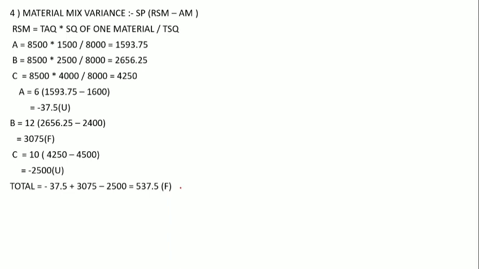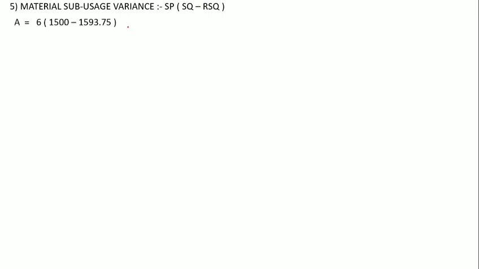Now number 5 is material sub-usage variance. The formula is SP in bracket SQ minus RSQ. Because the total was different, RSQ will be used here. In RSQ, the amount we calculated as RSM will be used. So for chemical A, SP is 6 in bracket 1500 minus 1593.75.